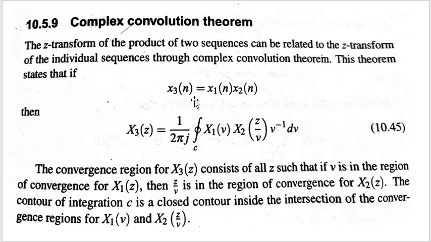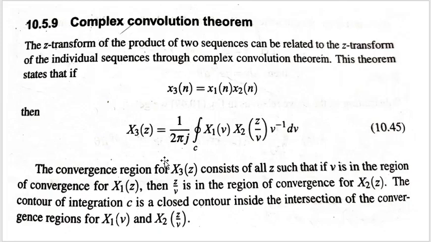Suppose there is a third signal x3 of n that is the product of two sequences x1 of n and x2 of n. Then the z transform of x3 of n can be represented in the form of complex convolution: 1 upon 2 pi j times the integral over the circle of x1 of v, x2 of z by v, v power minus 1 dv. Here x1 of v and x2 of z by v are the individual z transforms of x1 of n and x2 of n.